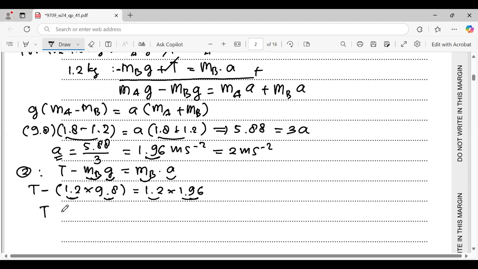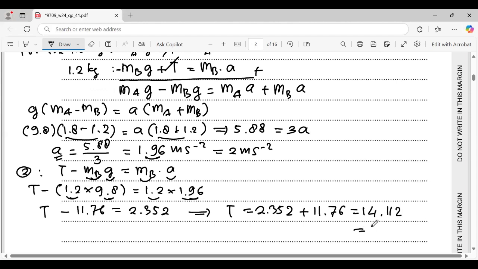So it's T minus 11.76 equals 2.352. Then we can find T: 2.352 plus 11.76. The result is 14.112 newtons, or 14.1 newtons.